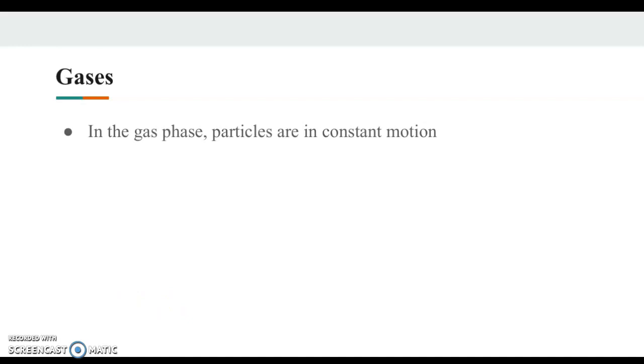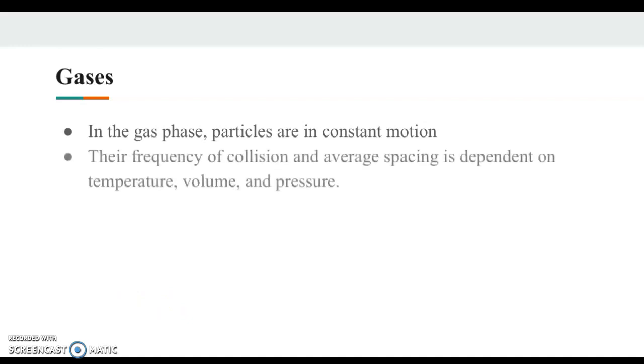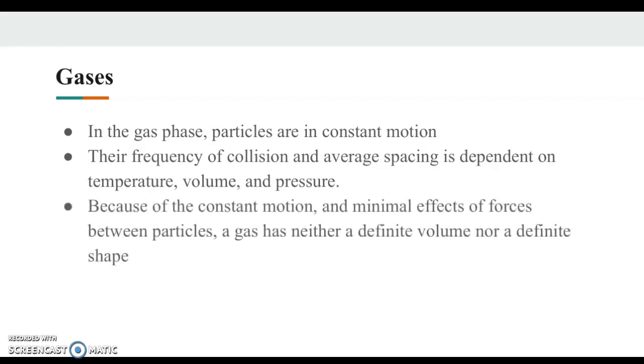Gases are unique. Their particles are in constant motion. Their frequency of collision and spacing is dependent on temperature, volume, and pressure. Because of their constant motion, there are minimal effects of the forces between their particles, meaning the intermolecular forces shouldn't be affecting particle motion that much.